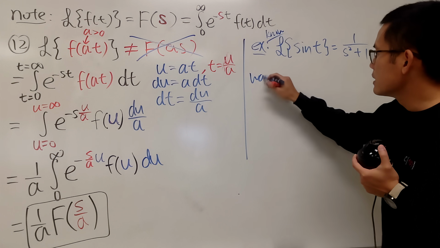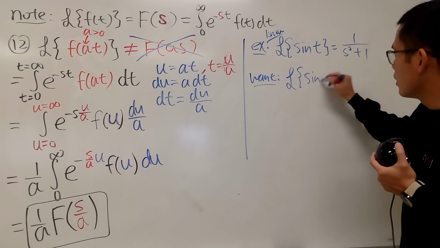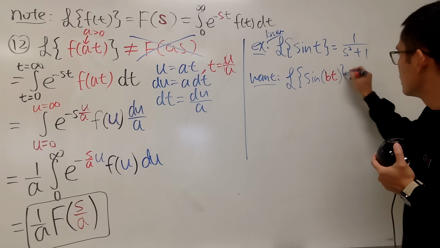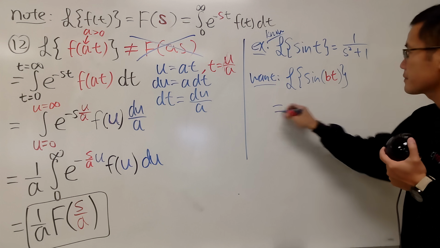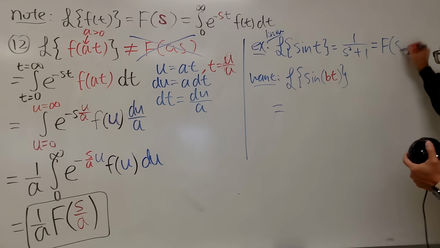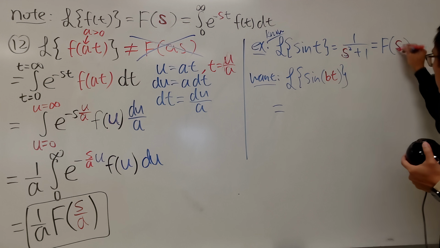And if you want the Laplace transform of sine bt, well, this right here is precisely our F of s. And have a look, here is the s, here is the s. Yeah?